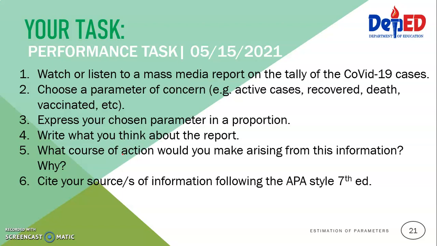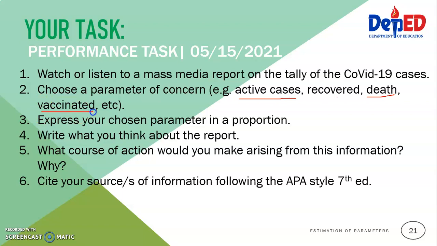It's up to you, for example the active cases compared to the non-active cases, or recovered versus the active cases, or about the deaths, or those who have been vaccinated compared to the entire population.